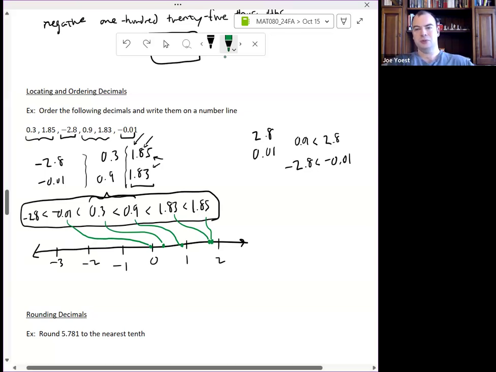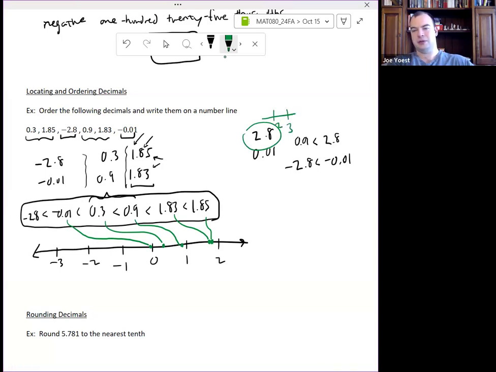If you think of where 2.8 would be, right? Positive 2.8 would be between 2 and 3. And then we flip it over. Negative 2.8 is between -3 and -2. So it ends up in this interval. And it's going to be a bit closer to -3 than it is to -2. So we'll put it maybe something like that.